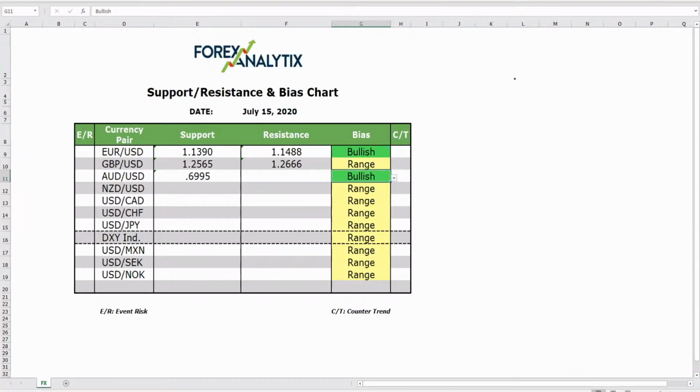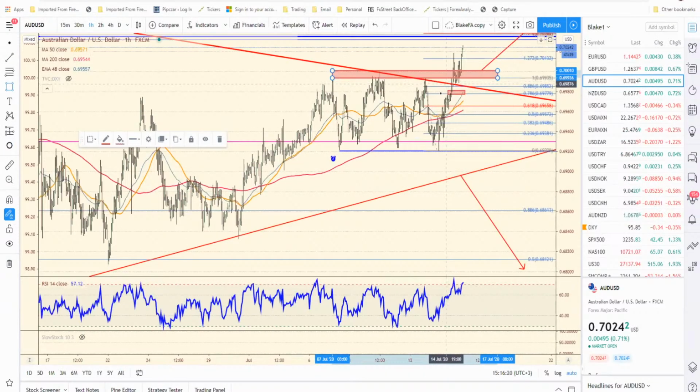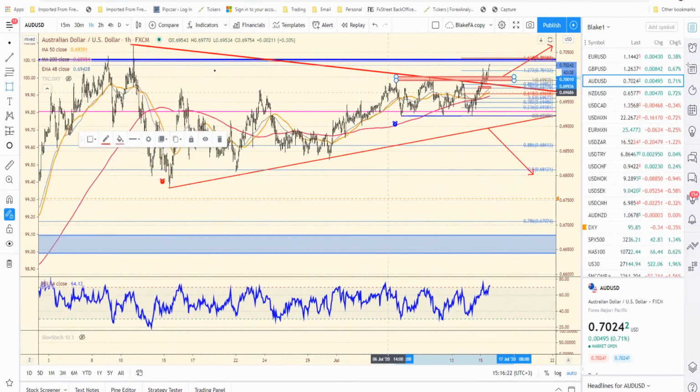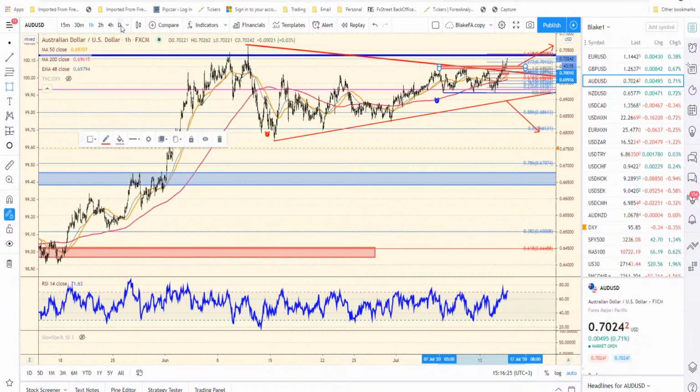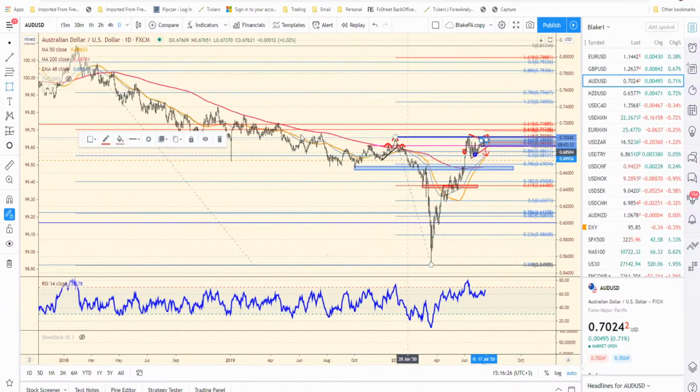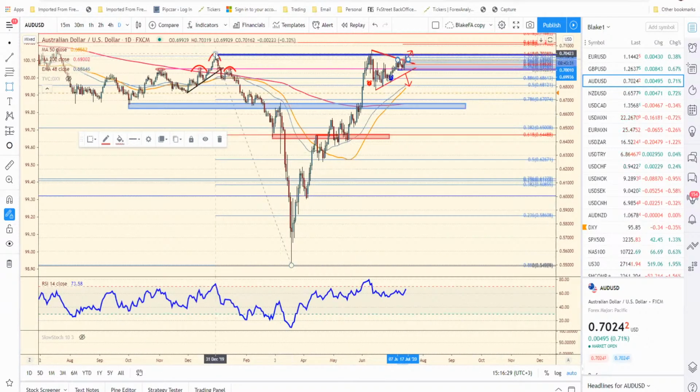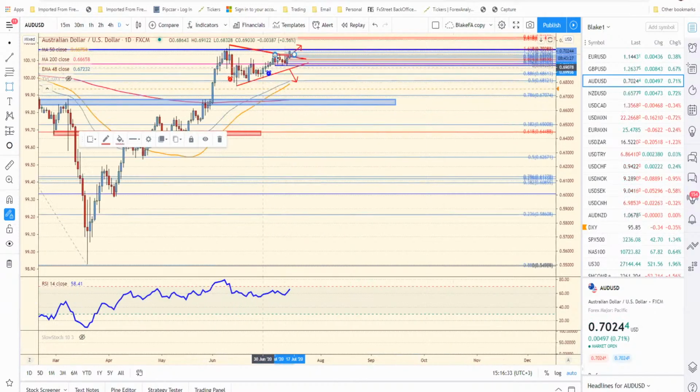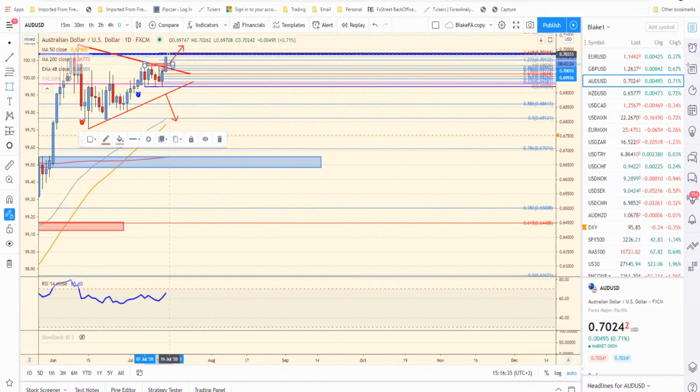Bullish. And resistance, well, first of all, this is really key resistance up here. You can see the spike highs from way back in December of 2019. Those highs will come in at 70.35, I think it is.